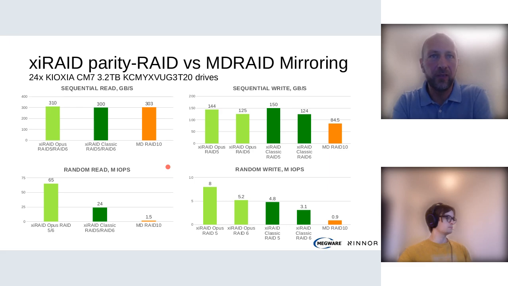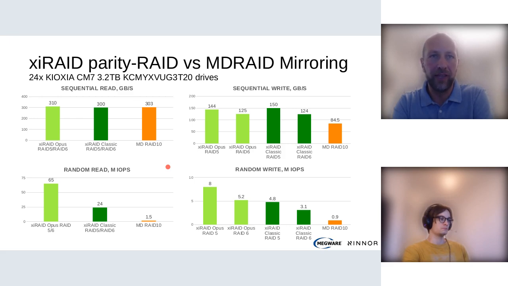And you see two bars for xiRAID. One is xiRAID Opus, which is a version of the code working in user space, which normally is positioned for a disaggregated infrastructure or virtualized environment. The beauty of the Opus version is that we can work also with the ARM CPU.